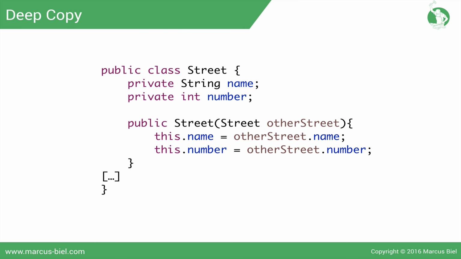So when in the copy constructor we say this.number equals otherStreet.number, we're automatically receiving a copy of the value. The other instance variable, name, is an object of type string. However, string is an immutable. In short, an immutable is an object that, once created, can never be changed again. Therefore, you can share it without having to create a deep copy of it.